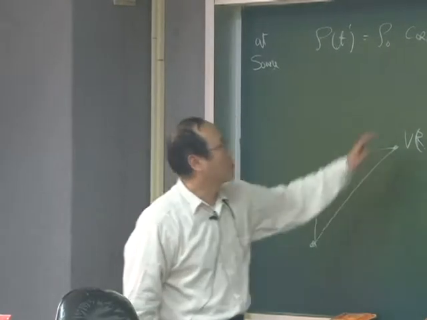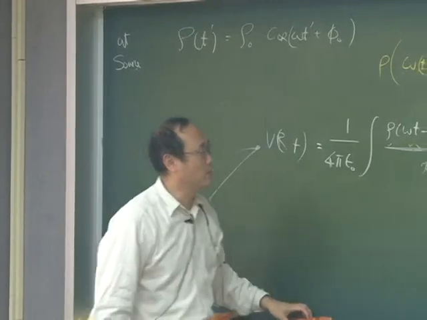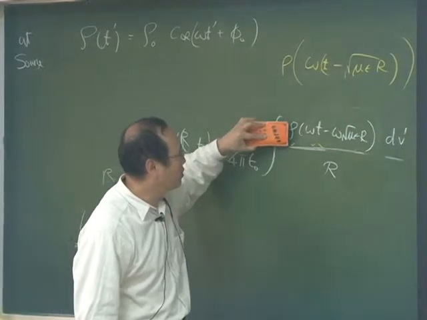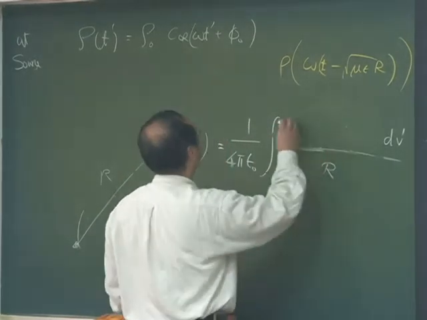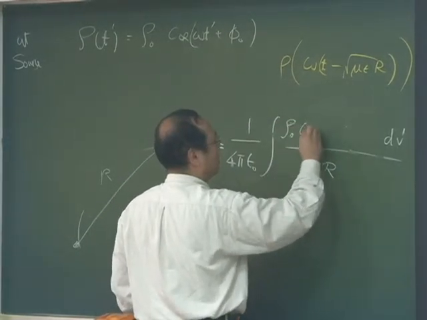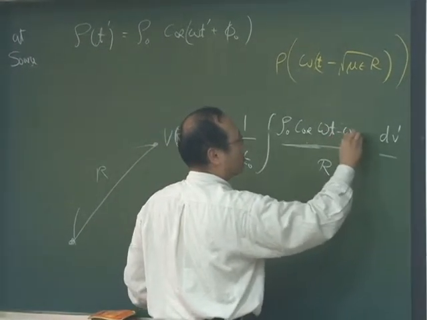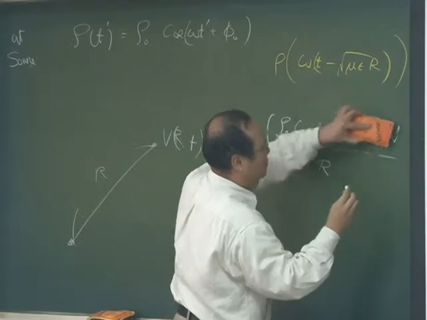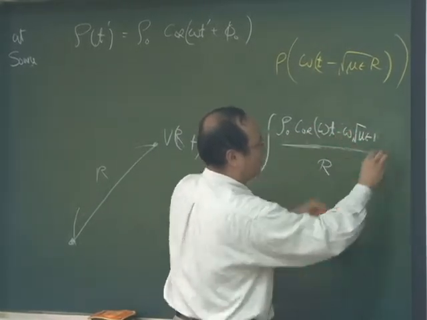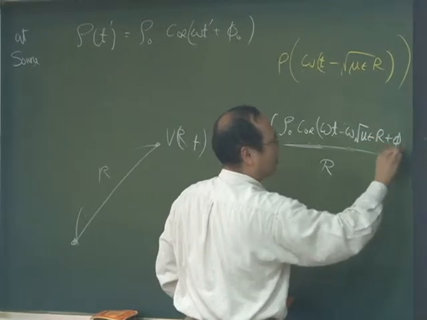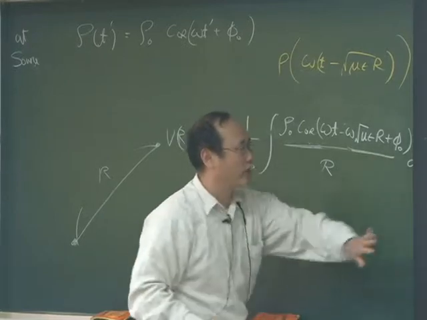But you know that your rho, your charge, has this form, so you can continue to convert this into rho not cosine of omega t minus omega square root mu epsilon r plus initial phase, and then integrate over your source volume.